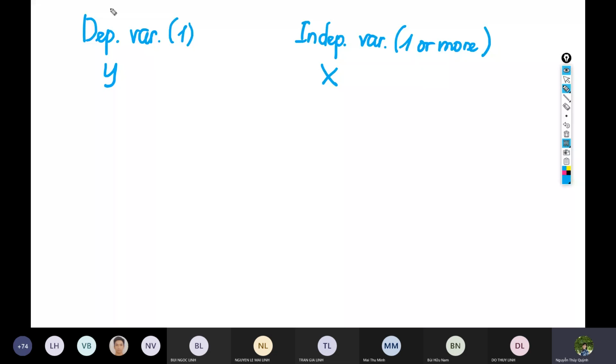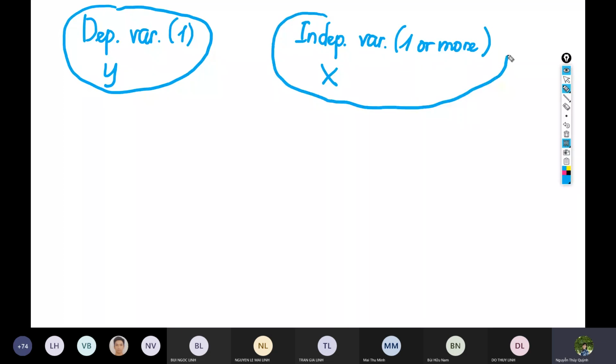Okay, so in regression analysis, we want to know the dependence of the dependent variable on the independent variables. Or in other words, we want to know how the independent variables affect the value of the dependent variable. We want to know this relationship.